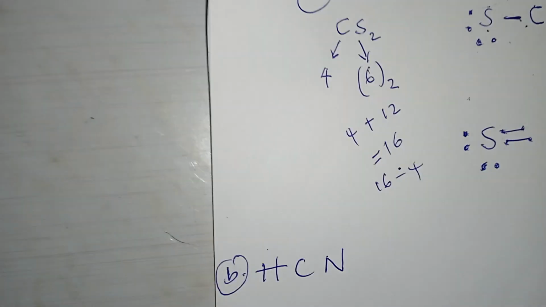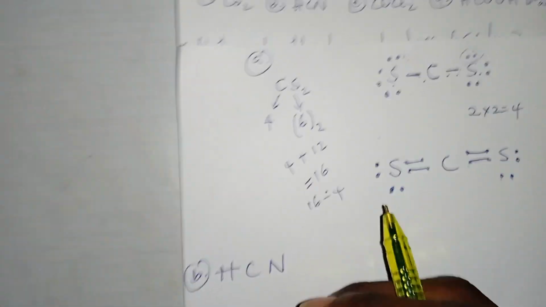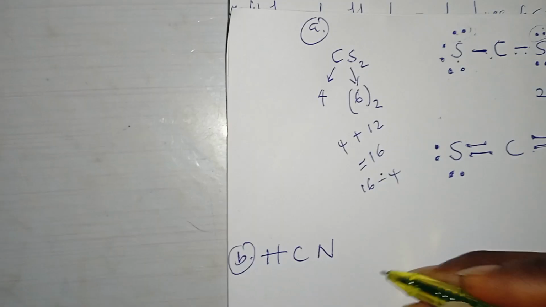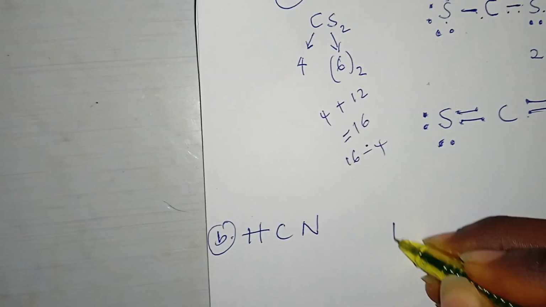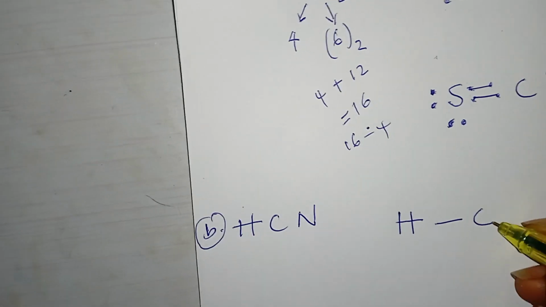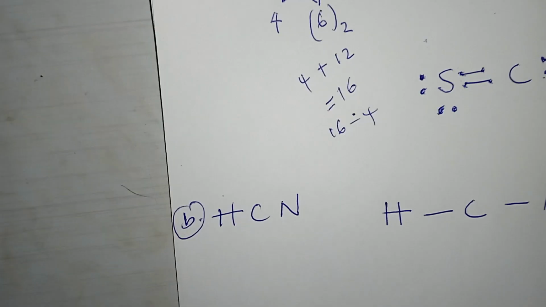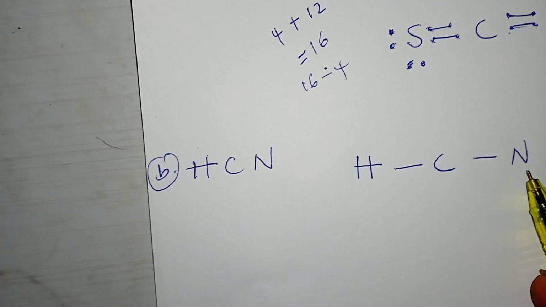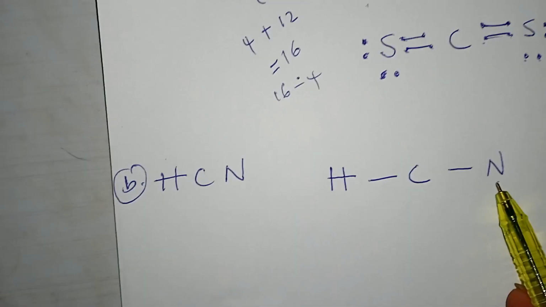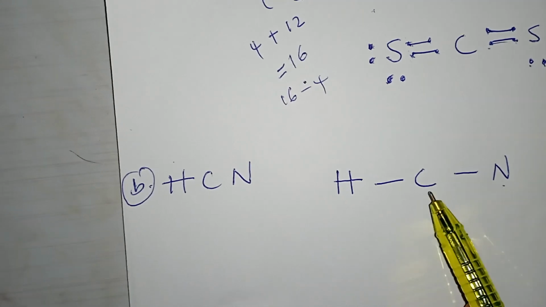Okay, so we have hydrogen, we have carbon, and we have nitrogen, perchlorous nitride. Now if we have this, using our principle, this is something like H, C, and N. Reason being that nitrogen is higher in the group, it has more electronegativity than carbon.